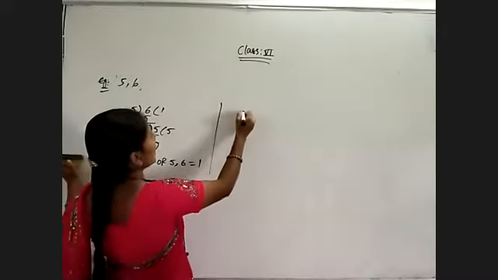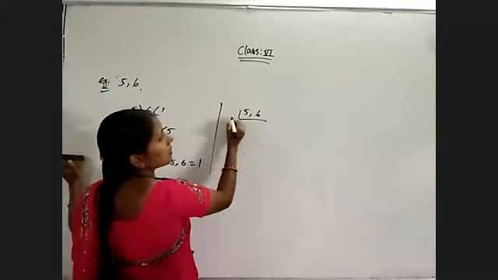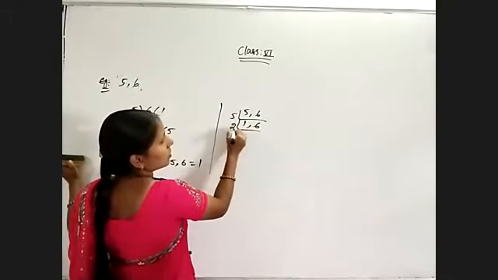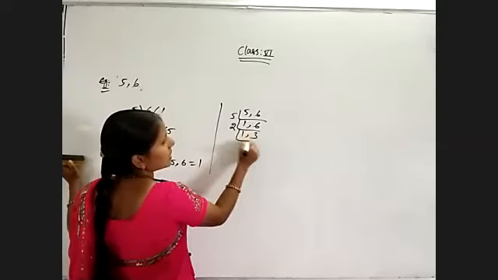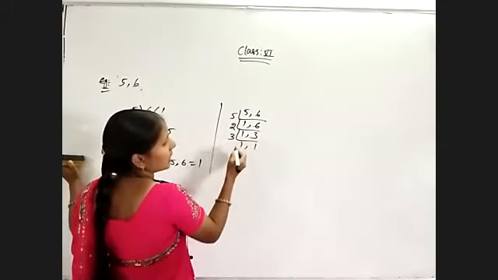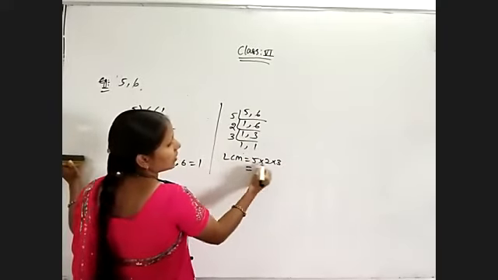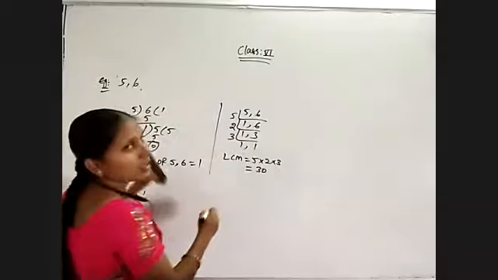Now find the LCM of 5 comma 6. 5 ones are 5 and 6 we will not get, so 2 threes are 6, 3 ones are 3. So LCM is equal to 5 into 2 into 3, that is 5 twos are 10, 10 threes are 30.